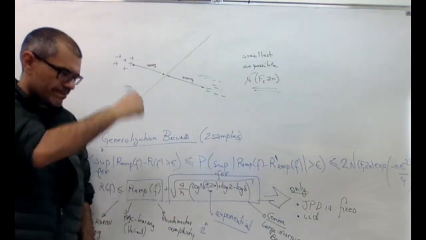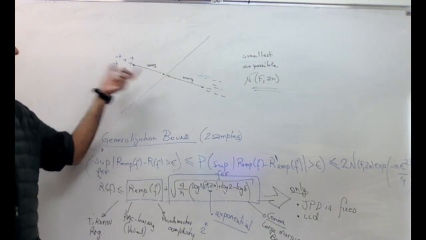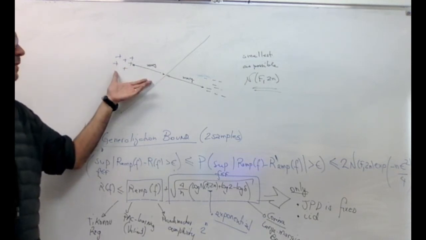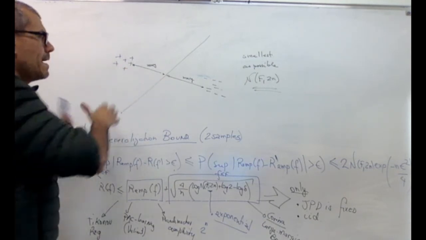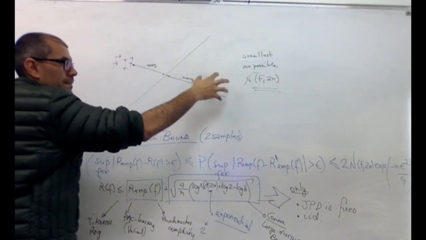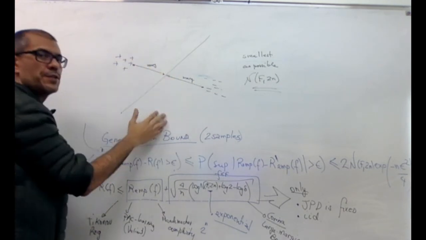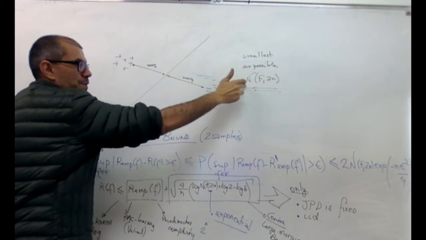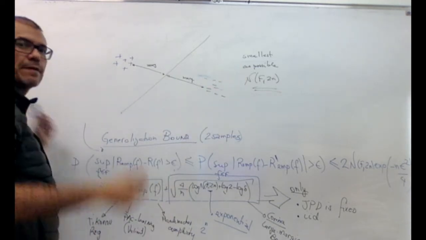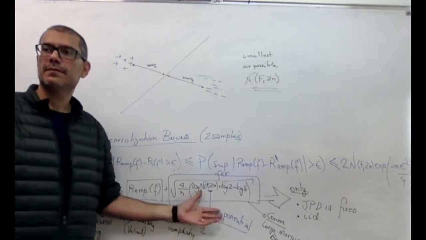I can write down that bound, but what's most important is that as soon as I find a space where I have a data distribution from the positive side and another from the negative side, which are very, very far from each other, I reduce the shattering coefficient. If I reduce the shattering coefficient, I reduce the complexity.